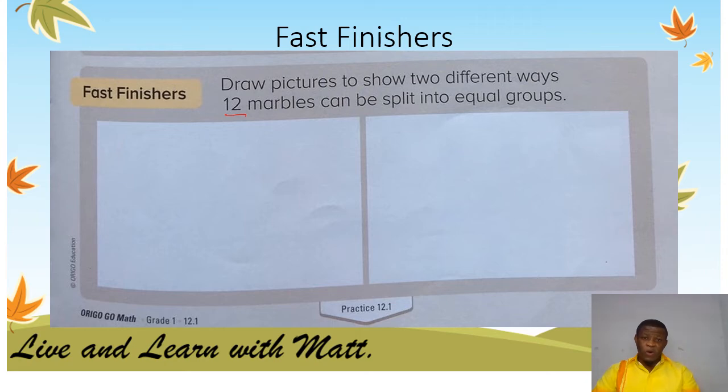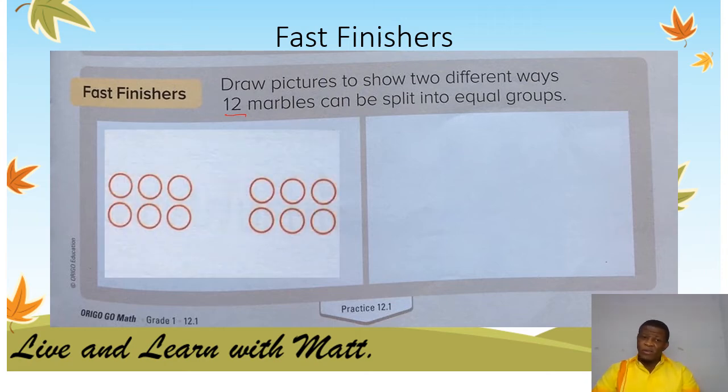So we're going to draw 2 different ways. So the first one will look like this, 2 groups of 6. So we can also write 2 groups of 6, which is equal to 12.